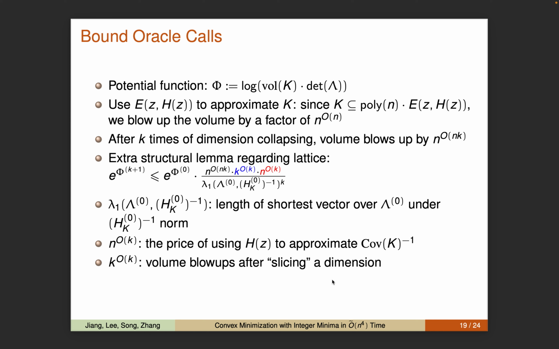And finally, we have this factor lambda 1 to the k. This lambda 1 is the length of the shortest vector over the lattice lambda 0 under the hk0 inverse norm. So all the pieces here have been provided to us. It remains to get a good handle on this length of the shortest vector.